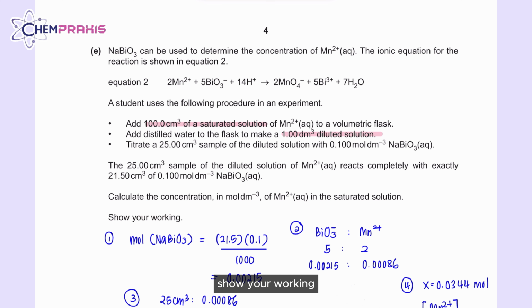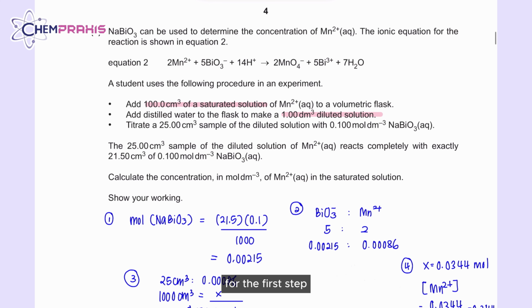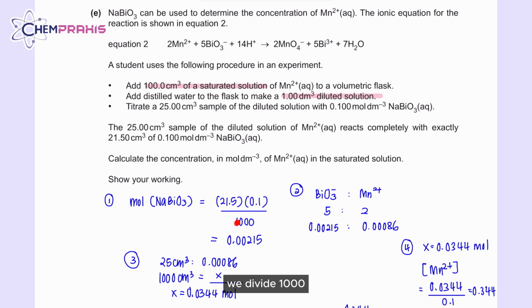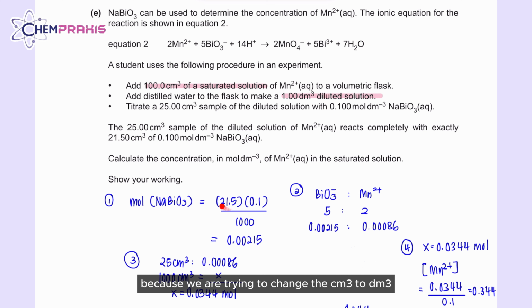Show your working. For the first step, we need to calculate the number of mole of NaBiO3 by using the volume and also the concentration. We divide by 1000 because we are trying to change the cm³ to dm³. So this is the number of mole of NaBiO3.